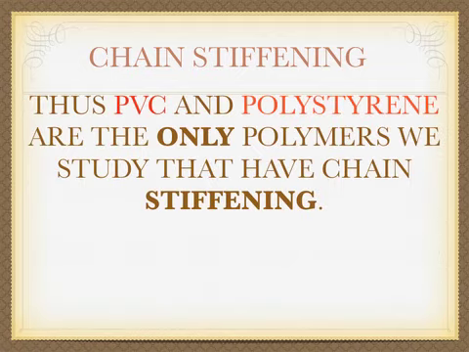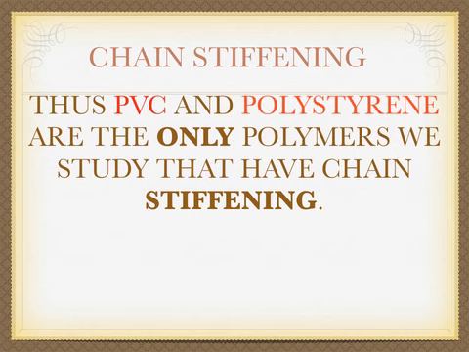So we can see therefore that PVC and polystyrene are the only polymers we study that have chain stiffening. This chain stiffening phenomenon is the orderly array of the side chains that are unable to slip past one another and provide a slippery or floppy kind of polymer.